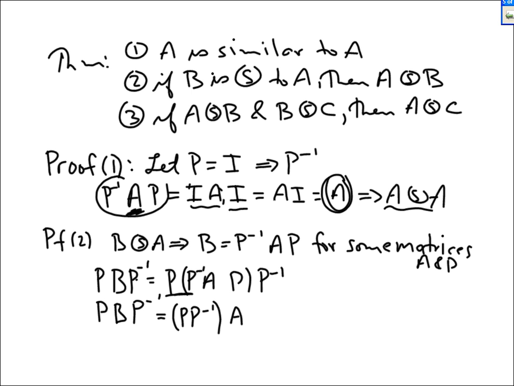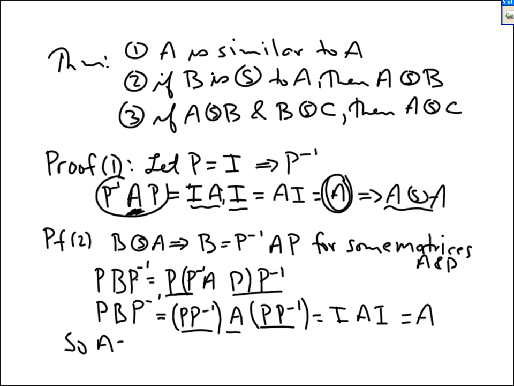I can keep A in the middle, and then I can group those two together. But this is I, and that's still A, and this is I. Well, that's A. Okay. So, A is equal to P, B, P inverse.